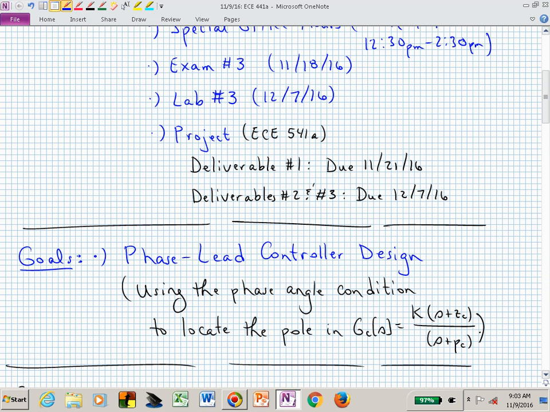And we will use then the phase angle condition to try to determine how do we position our pole if we've already assigned the zero. Last time we knew how to position our pole based on the breakaway rule, and we wanted that pole to be to the left of some particular value of S because we knew the particular pattern of our root locus shape.